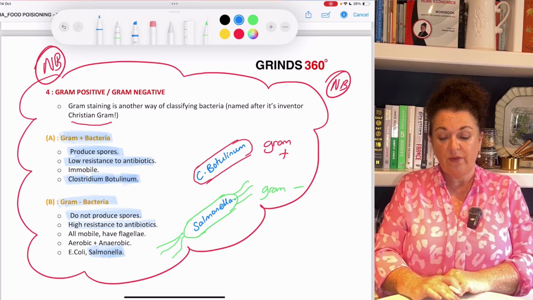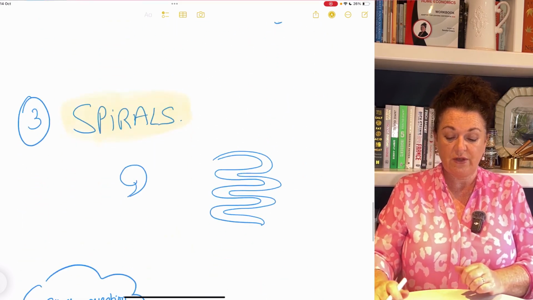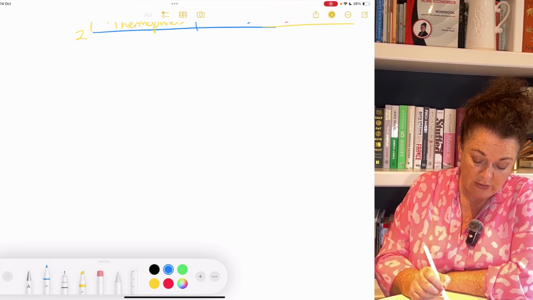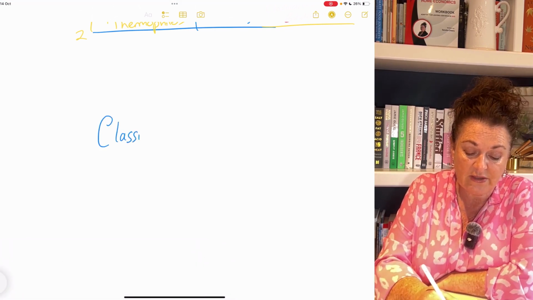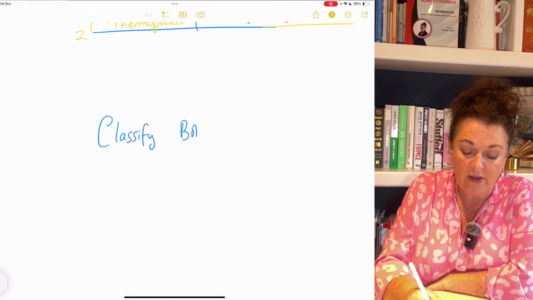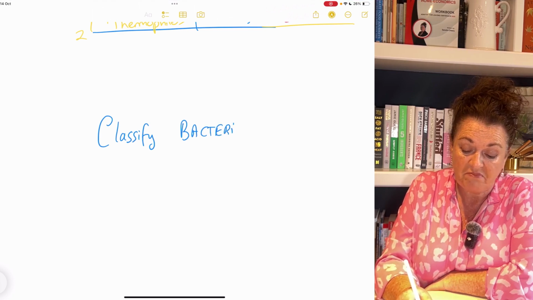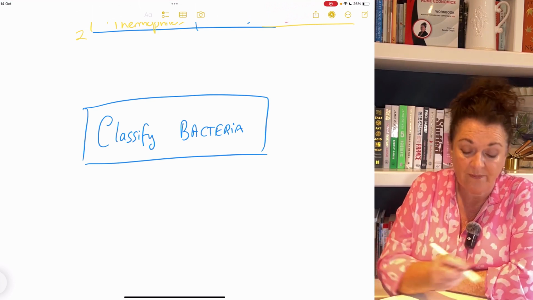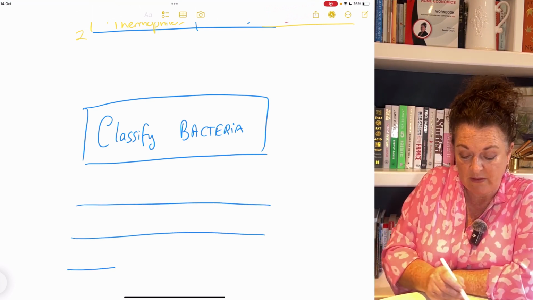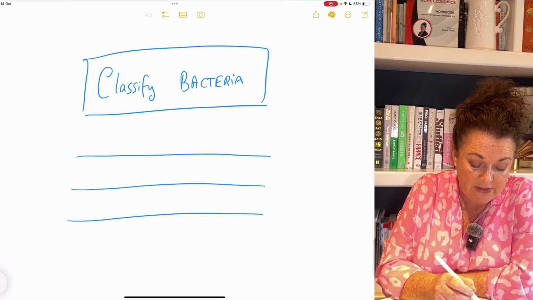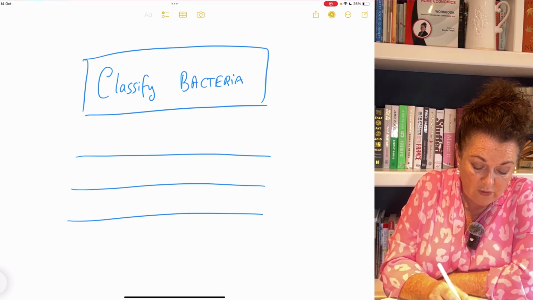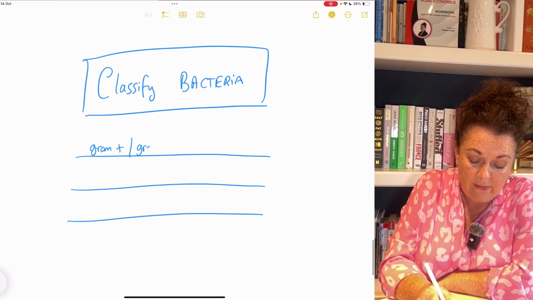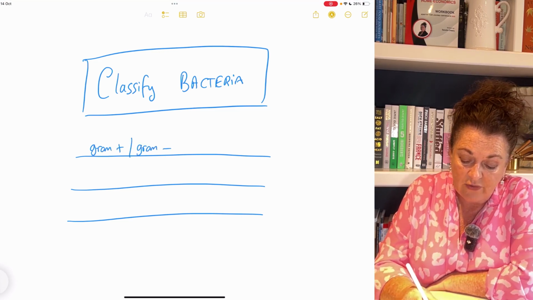So what would I do if I were asked in a short question to classify bacteria? Well, you're always going to try and push the boat out because you're pitching for the high end. Possibly the marking scheme might only be according to shape, rods, cocci, and spirals. But this is how I would classify bacteria. I would classify, first of all, according to gram positive or gram negative, and give your 2 examples.